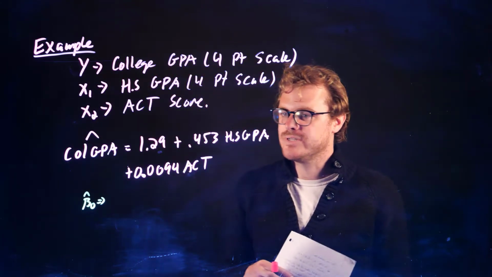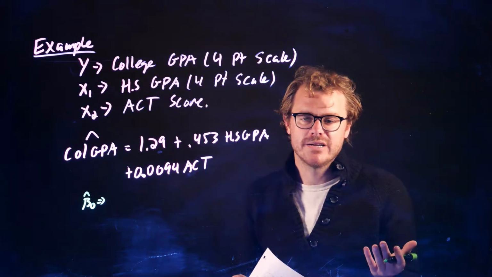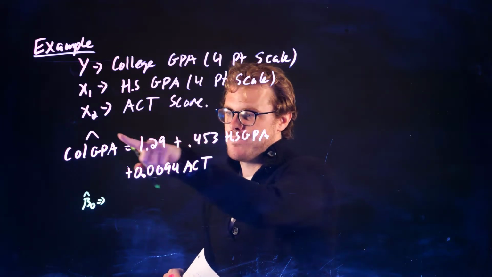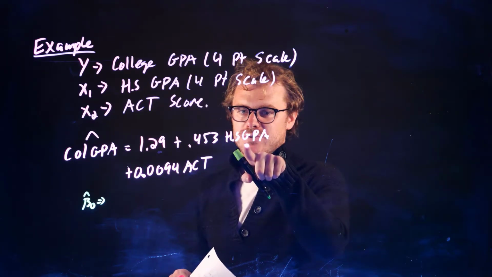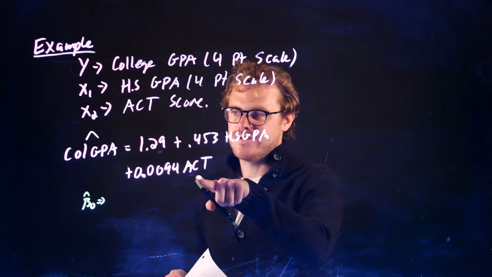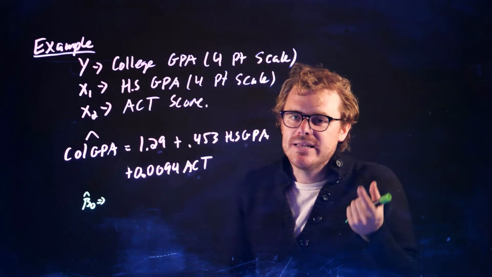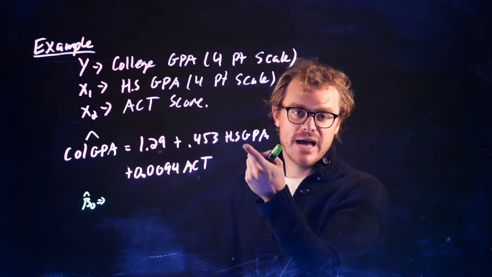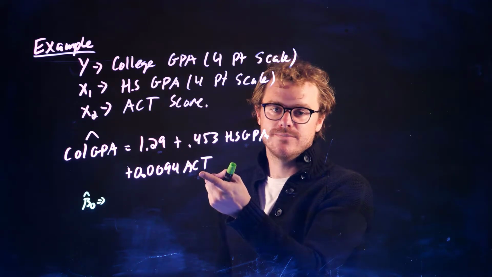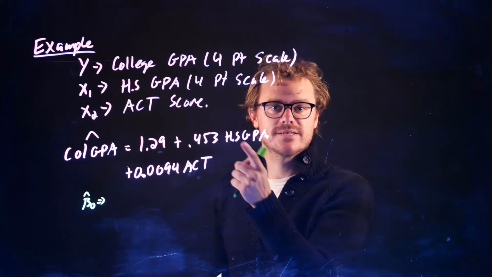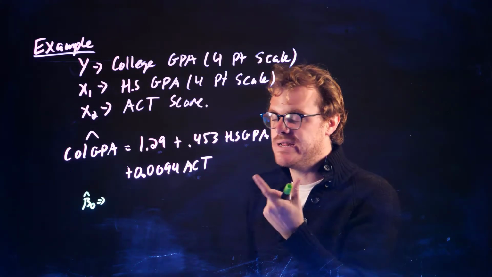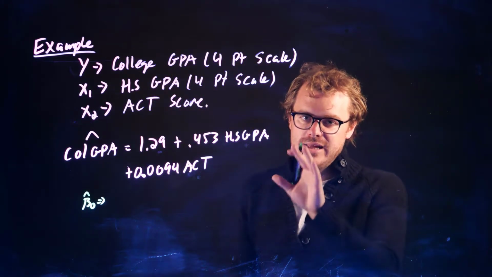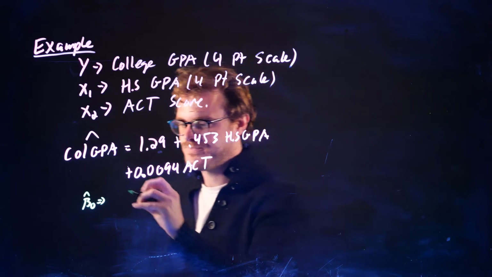Is this intercept really meaningful here? It's probably not. Remember, the intercept is the predicted college GPA when high school GPA and ACT scores are 0. How many individuals probably have a college GPA if they had a 0 high school GPA and a 0 score on their standardized entrance exam? Probably not many, so it's not very meaningful here. Let's write out the interpretation, but make sure we note that it's not meaningful.